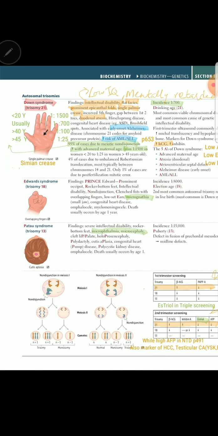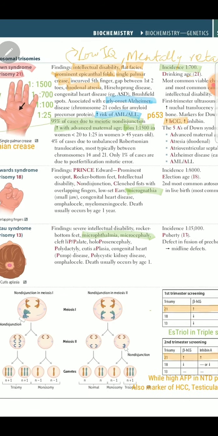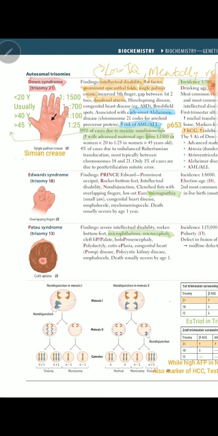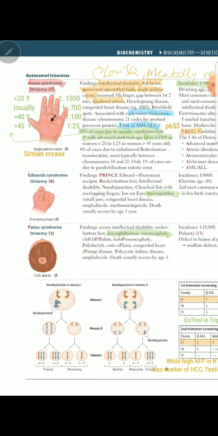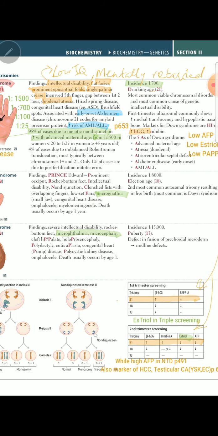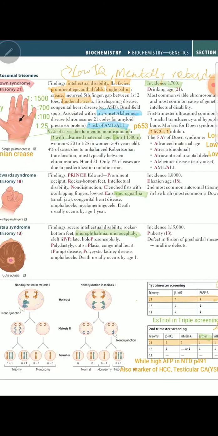Down syndrome should be read in detail because each and every line is an MCQ and some others are added on here. First of all, it is trisomy 21, so chromosome 21 is involved. That is most important. Mostly the patient presents with intellectual disability, sometimes written as low IQ, or mentally retarded as well.